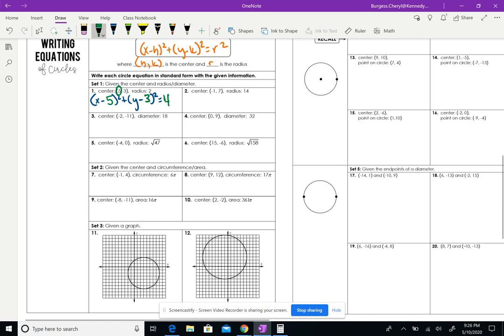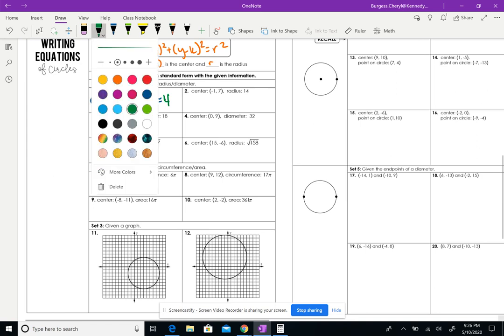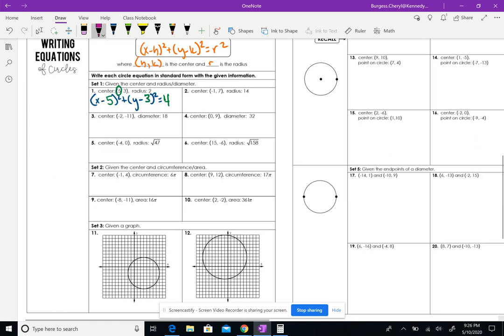Okay, let's do it again. X minus h squared plus y minus k squared equals r squared. And we're just going to plug in our negative 2, plug in our negative 11, and 18.